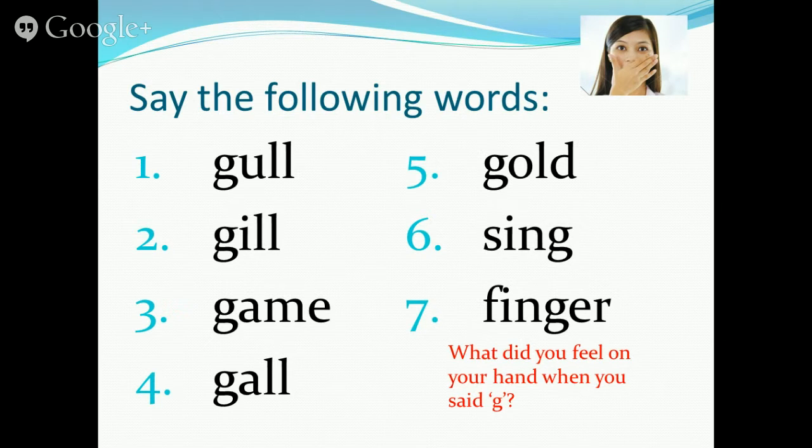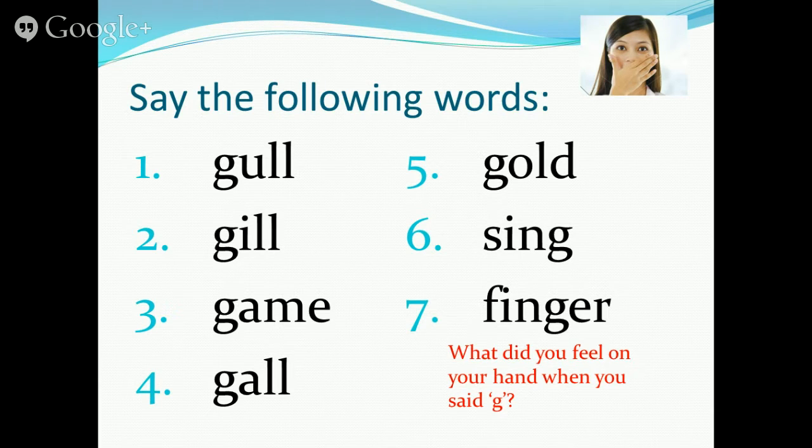Now say these following words with your hand over your mouth and see if you feel anything on your hand. Gull, gill, game, gall, gold, sing, finger. Did you feel anything on your hand when you said the G?